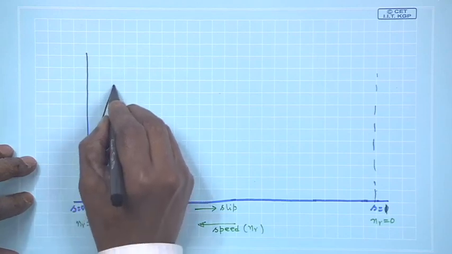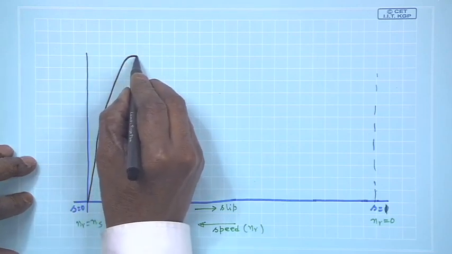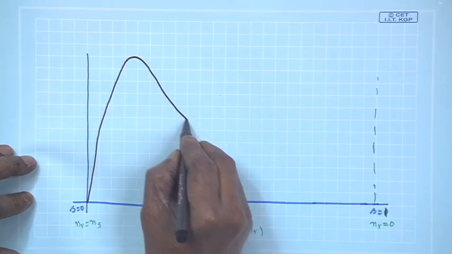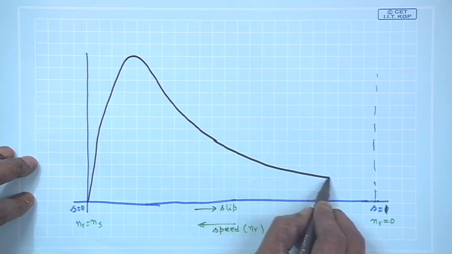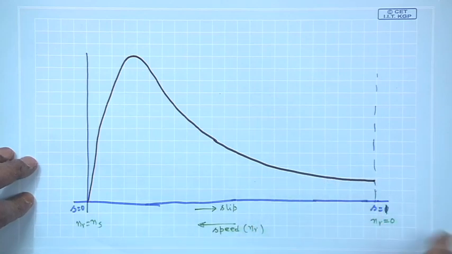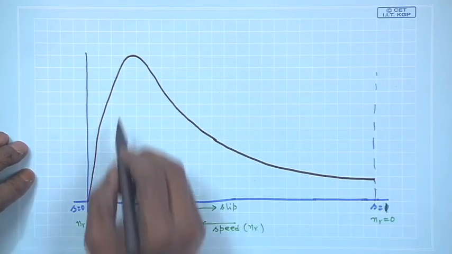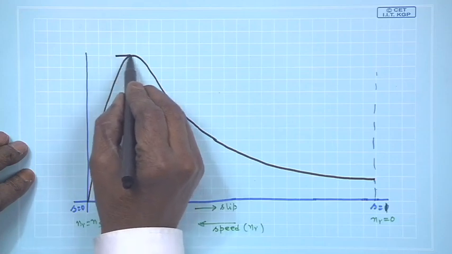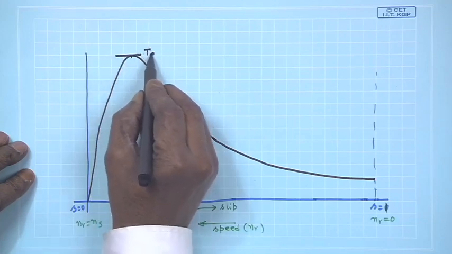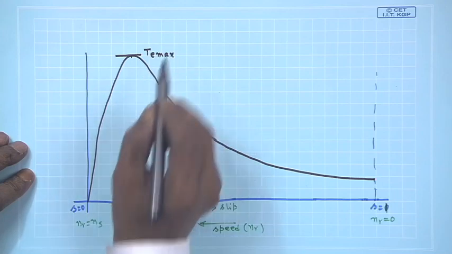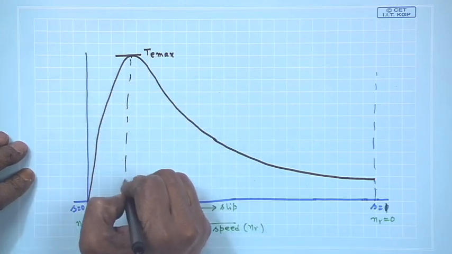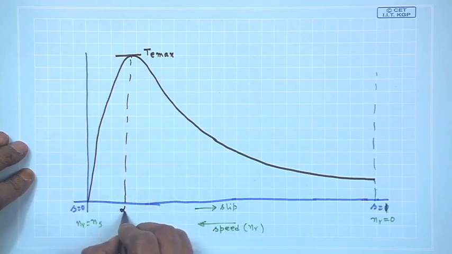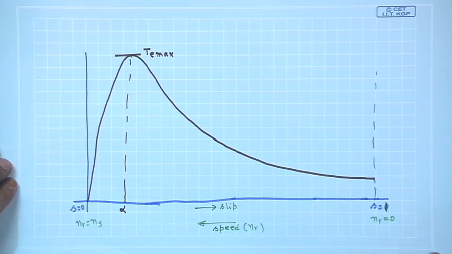Initially it is very steep, and then it goes like this. This is T s, and this is T e max, the expression of which we know, and this is the slip at which maximum torque occurs, called alpha.